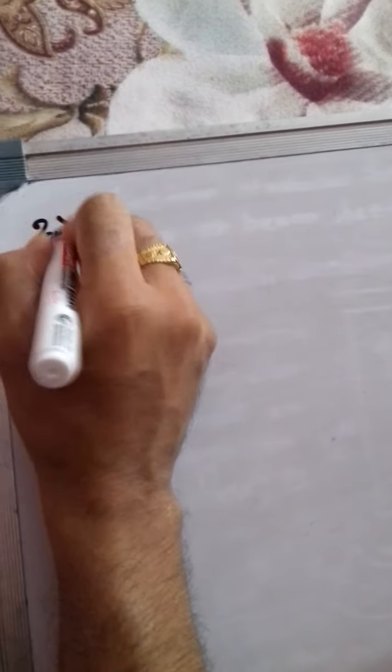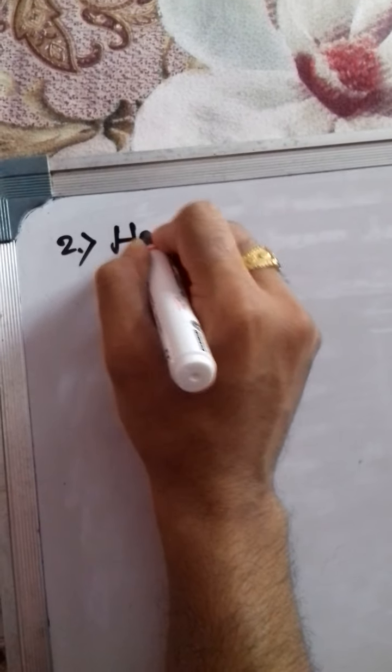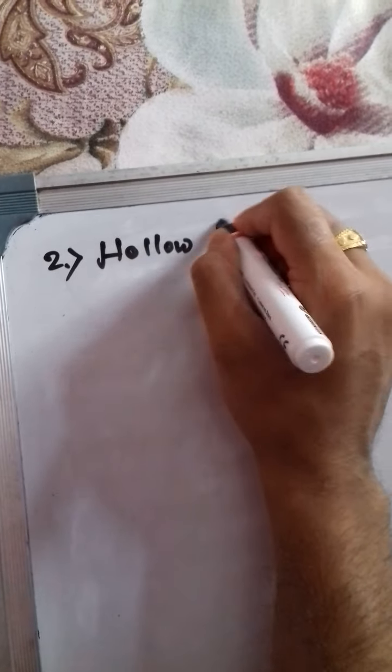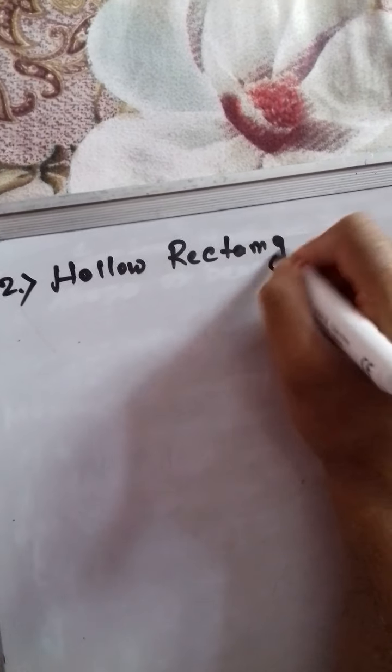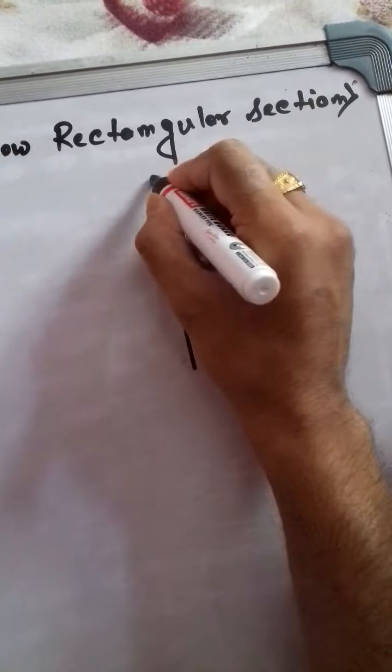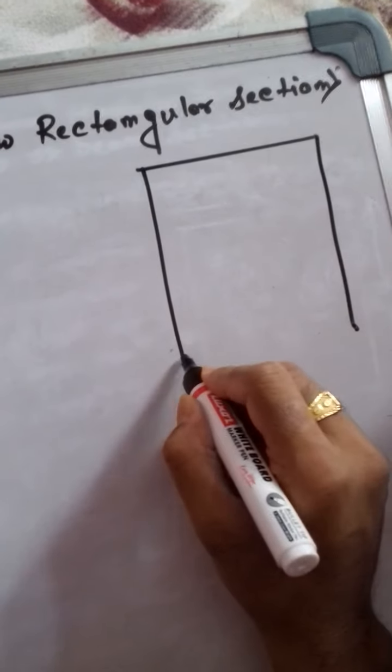Now coming to the second section, let us do it for a hollow rectangular section. Hollow rectangular section, that is, we are having a void in the middle, right? So we will be having two depths, internal and external, and two widths, internal and external. So let us draw the figure.